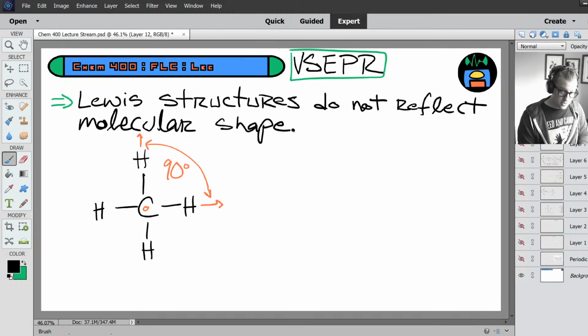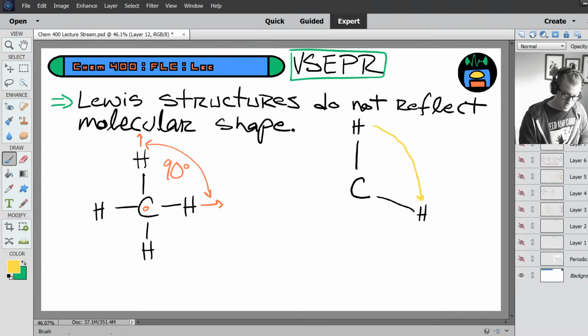All right. The true structure for methane looks like this. In three-dimensional space, the bond angle is 109 degrees.